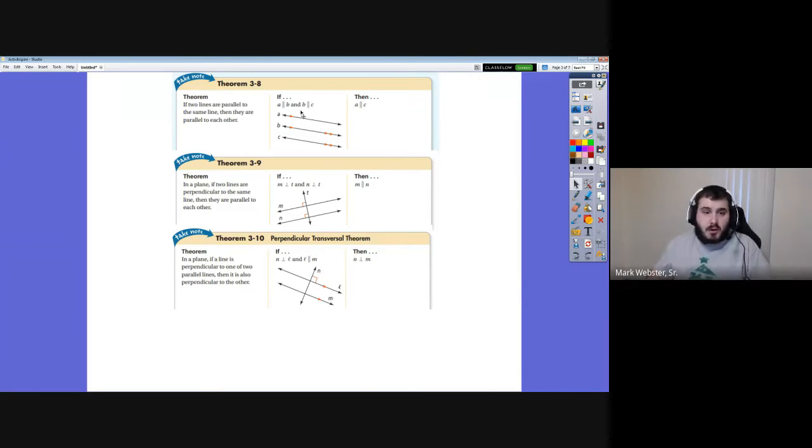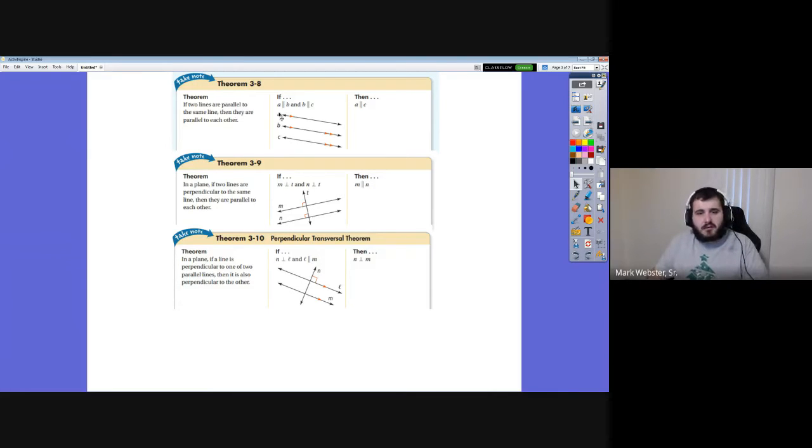So these theorems, and they're going to be in your homework, you're going to talk through them. Basically, they say that if you've got different combinations of parallel lines and perpendicular lines, you can draw a conclusion about the pieces that didn't get any concentration.